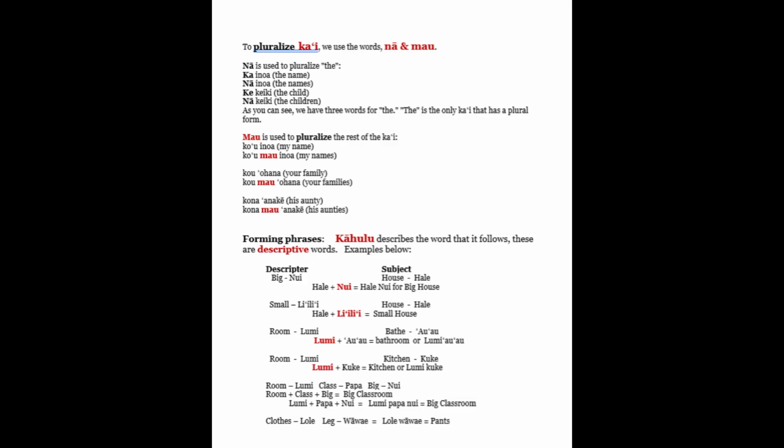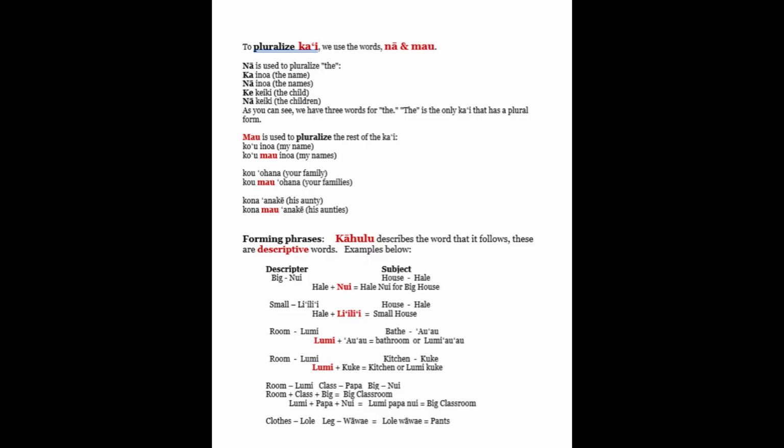Now, forming phrases, the kahulu is used as a word that describes or that follows the subject. So the descriptor, say for example, we want to say big house. The descriptor is big. The Hawaiian word for big is nui. Subject is house. The Hawaiian word for house is hale.